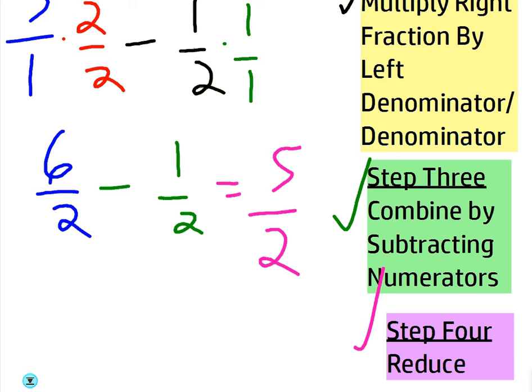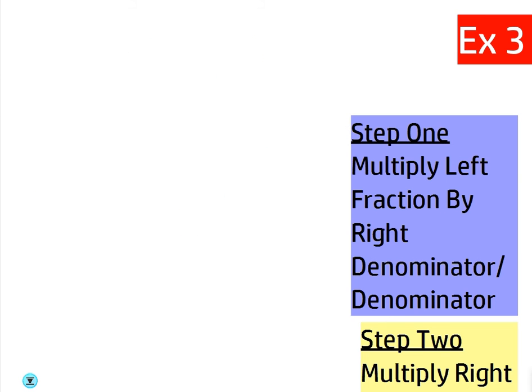I want to go over one more example with you. You can have a negative answer, and that's if the first fraction is smaller than the second fraction. So we're going to have 5 over 6 minus, let's just do 7 over 8.